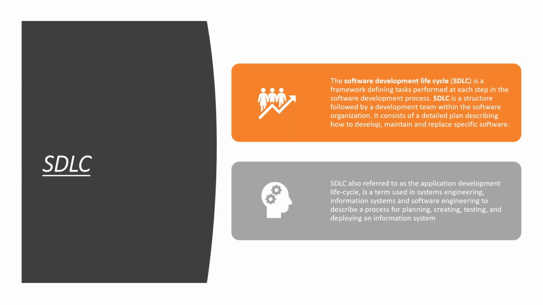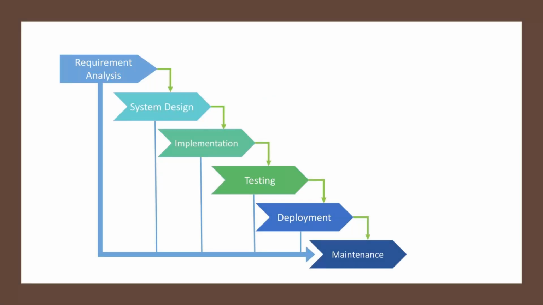I'll explain how the SDLC works in brief. All the models work on this flow only, but the structure is different for each model. First, we gather the requirements from the clients.